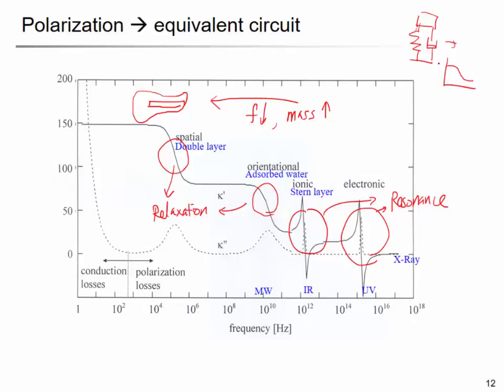So you can have a U versus omega plot showing the resonance or the relaxation. And just like that, if we have some circuit element like this, then this may also give you relaxation or resonant type of behavior.